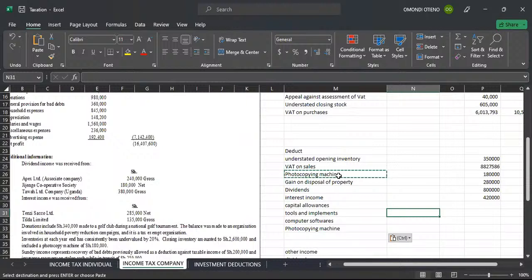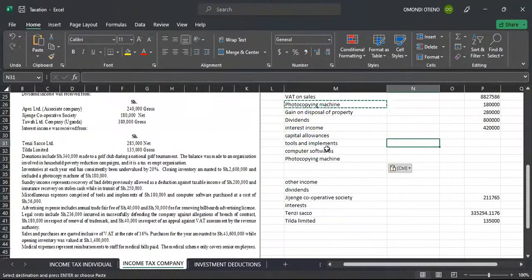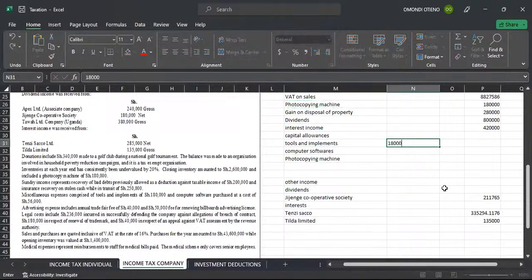So just look at how that information has been used when computing the accounting profit of this company. From that point, you'll be able to interpret. Have a small note somewhere, like this one here, with your sales, and see how it is affecting the profit. You'll understand how those items affect your profit and insert the right value at the right place. So tools and implements, I think we had 180,000. Then computer softwares, we had 56.